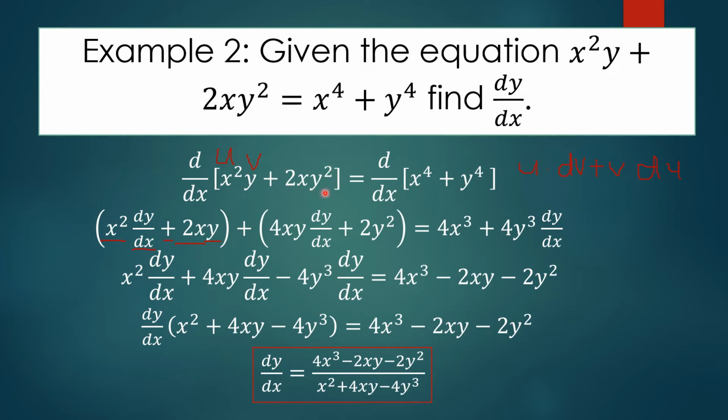Okay? So, makukuha natin ang derivative of the expression 2xy squared gamit ang product rule again. Wherein, ang u natin is 2x and v will be y squared. Okay? So, gamitin natin yung the same formula which is u times dv plus v times du.